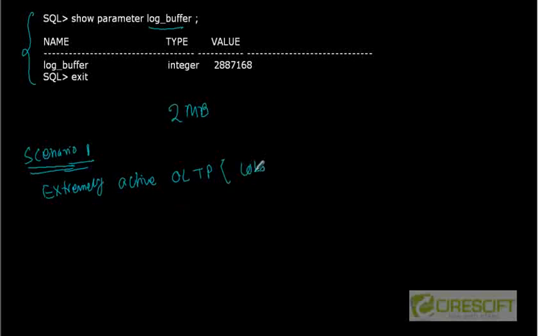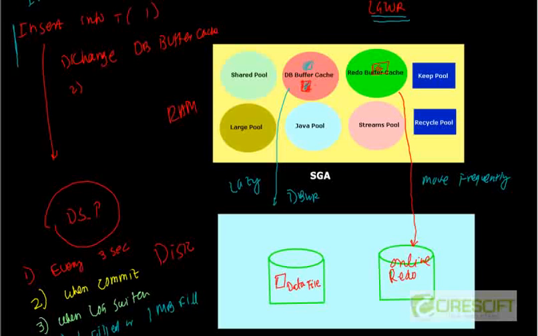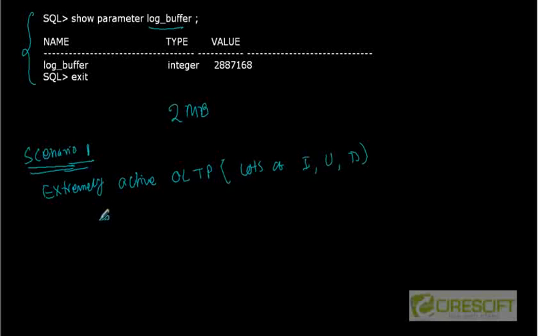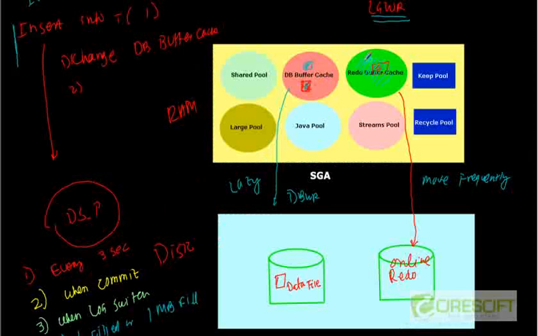If lots of inserts, updates, and deletes are happening, that means I'm writing very quickly, right? So what I'm saying is that I'm writing 1 megabyte every half second. The buffer is 2 megabytes, and I'm writing 1 megabyte in half a second.